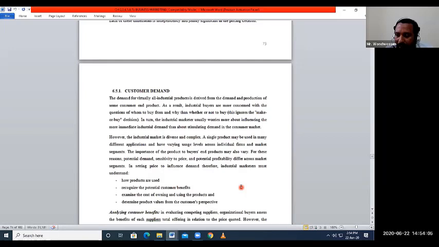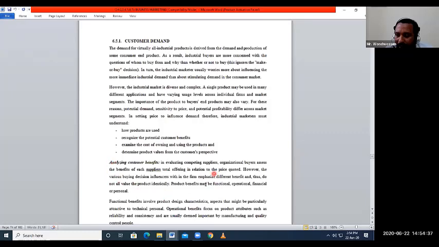This indicates the functional ability of the product. So in this case, we have to analyze the benefit to the customer, the cost to the customer, and we have to determine the value to the customer. So in this case, we can set a reasonable price as compared with other things or the competitor's price.